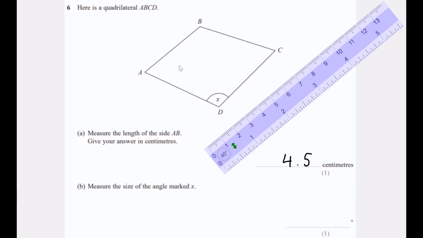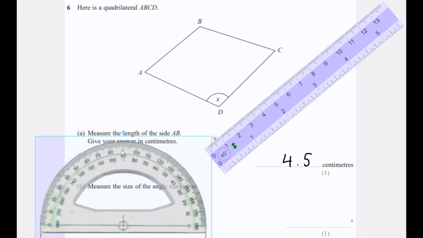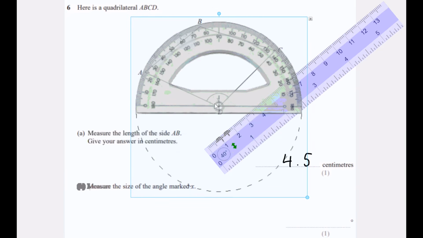Measure the size of the angle marked X. So this time we need a protractor. So we grab a protractor. We're going to line up the center of the protractor, so this part here with the angle, where the angle is. And then we're just going to rotate it around.